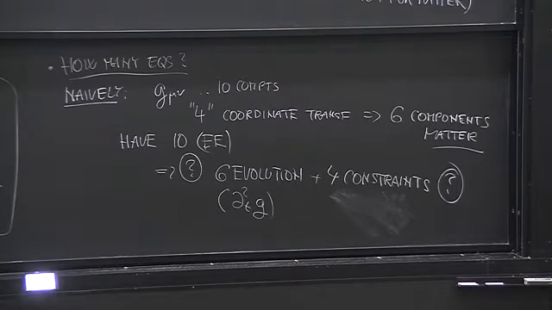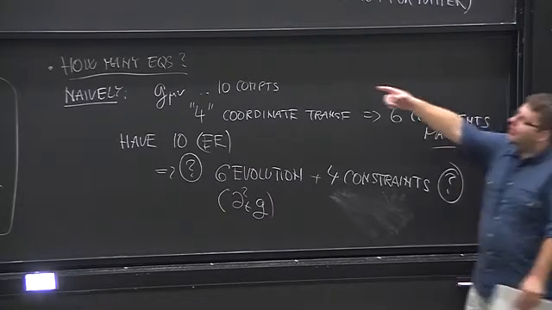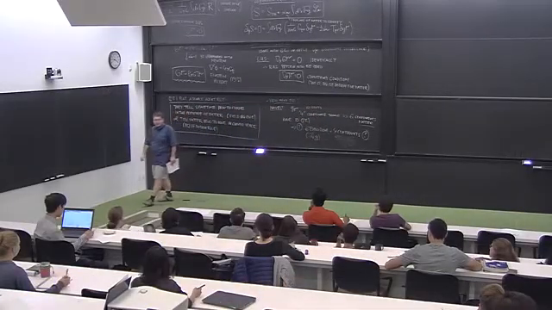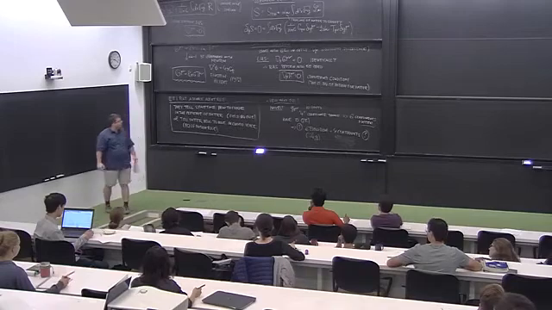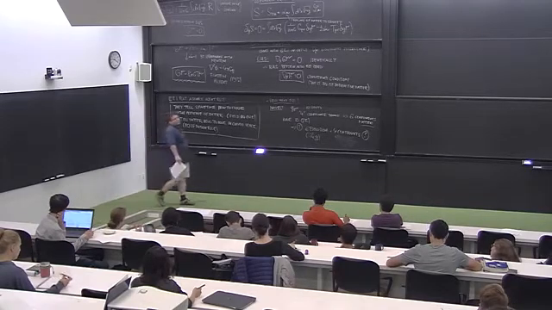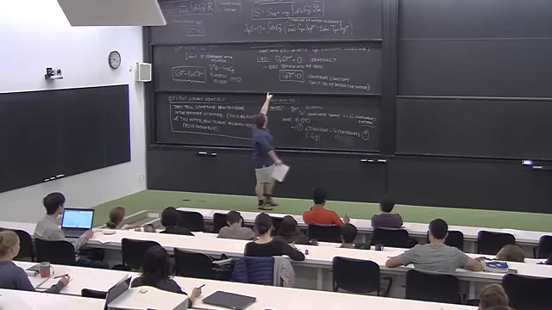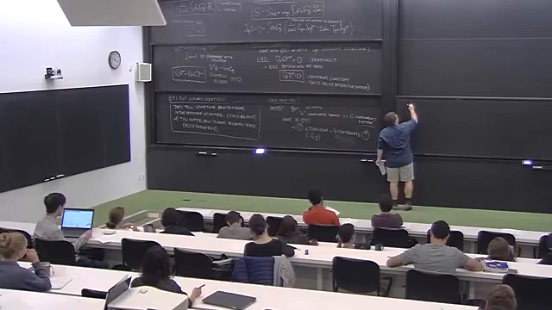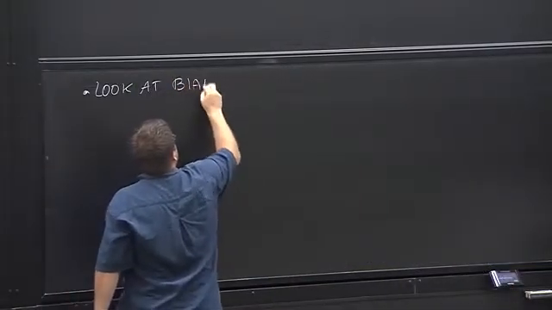Okay, so now the question is, can I show that out of these equations, really 4 equations don't contain 2 derivatives of the metric? The statement is yes, and it follows from what is already written on the blackboard, and that's the Bianchi identity. So look at the Bianchi identity.